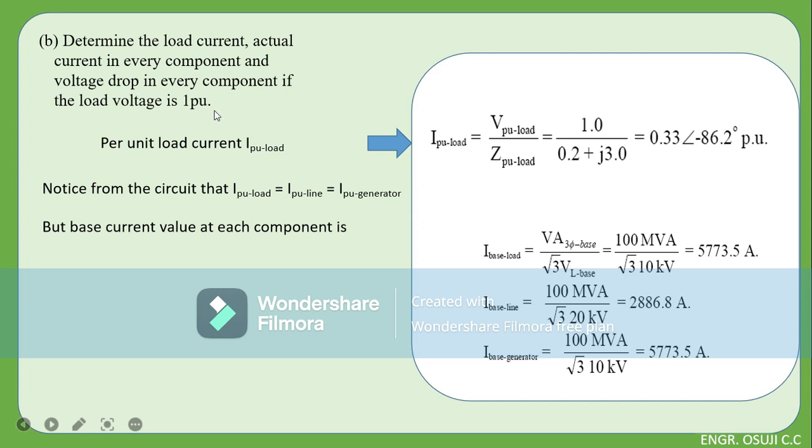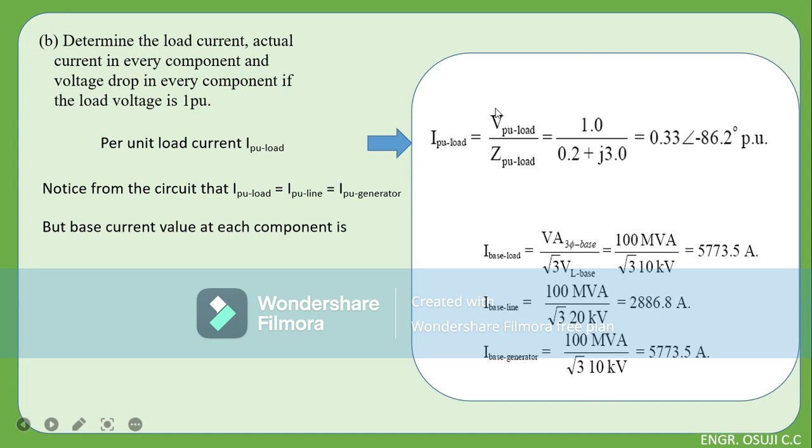Of course, we can determine the load current using Ohm's law. And this is it. I is equal to V all over Z. Of course, you know that Ohm's law states that V is equal to IR. This time, we are dealing with an AC network where impedance is considered instead of resistance. So we'll be looking at V being equal to IZ, and make I the subject.